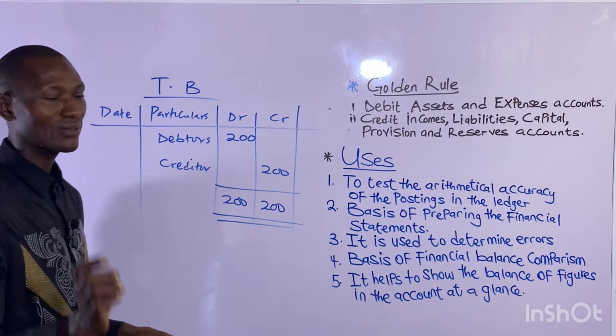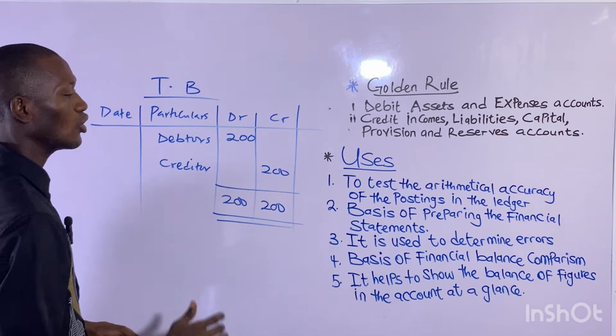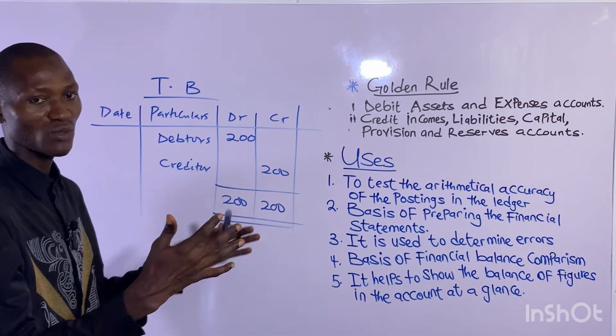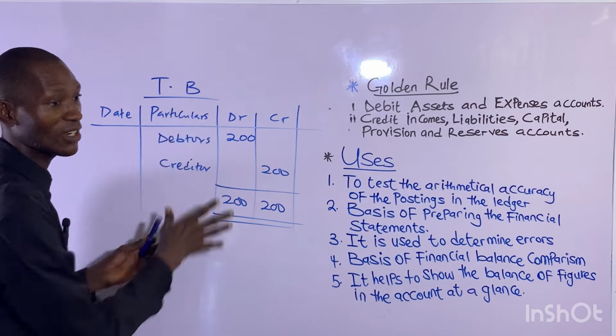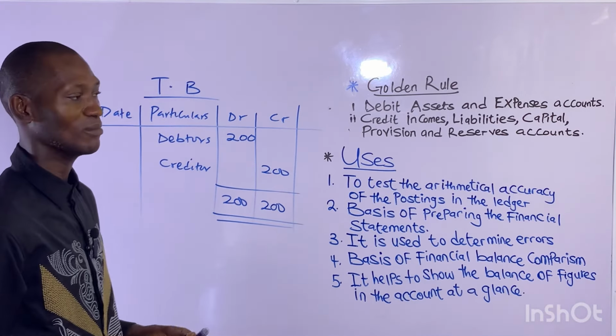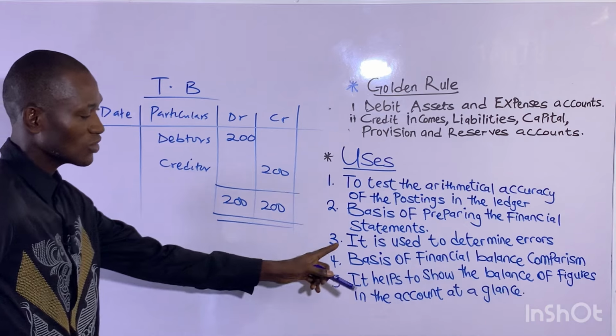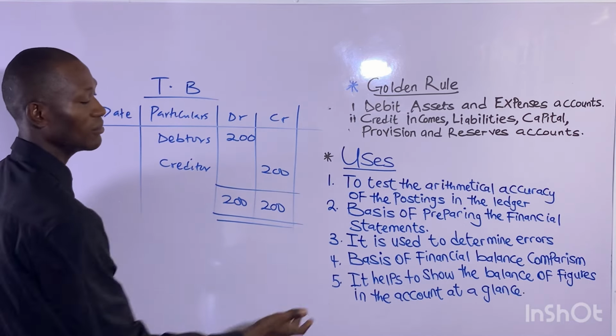Those are errors that the trial balance will not disclose, or that will not affect the agreement of the trial balance. If any of those errors occurs, the two sides of the trial balance will still be the same. That's what we mean.